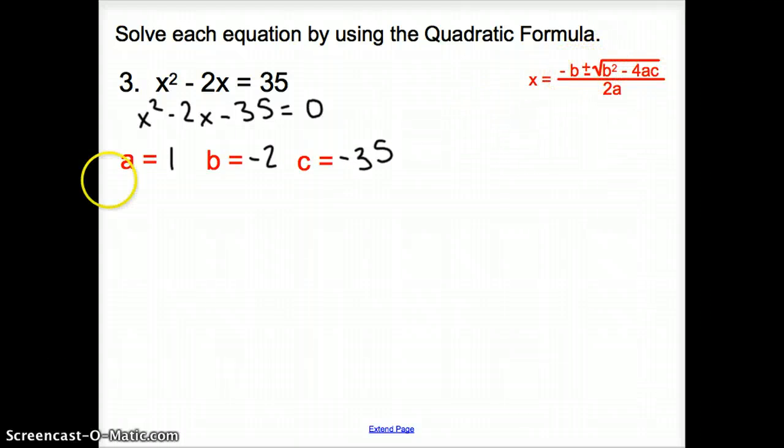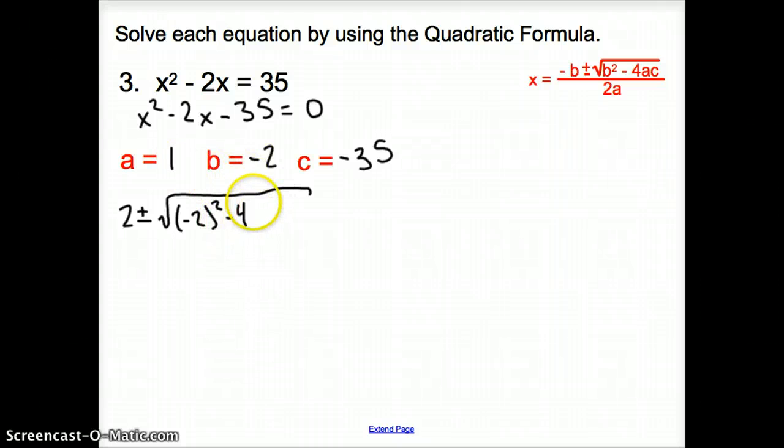So first things first, I have opposite b. Well, what is opposite b? That is a positive 2 plus or minus the square root of b squared. So it's going to be a negative 2 squared. And I'm going to write that in parentheses so we know that we have to square that negative. Minus 4, and then our a is 1.